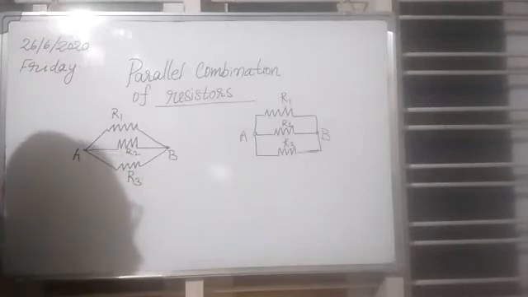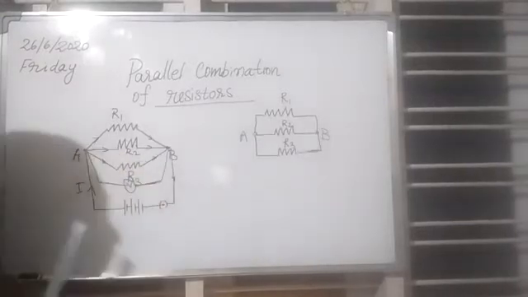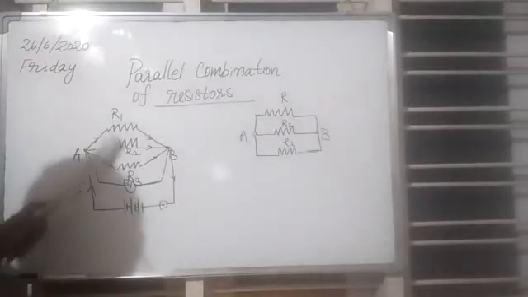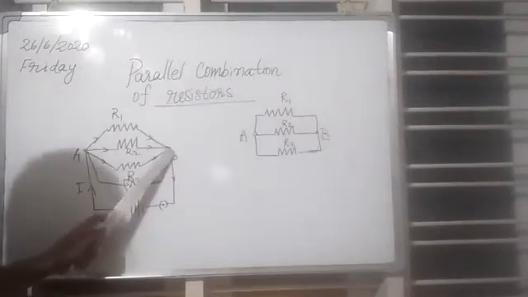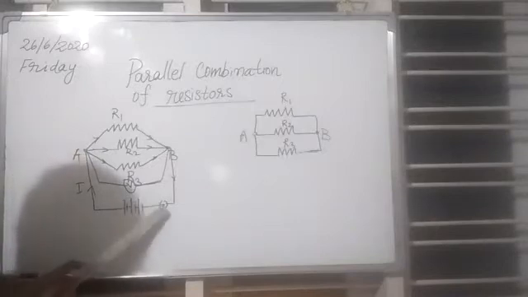For that, let us complete the circuit first. The R1, R2, R3 parallel combination between points A and B is connected to the cell, a battery, and then a plug key.